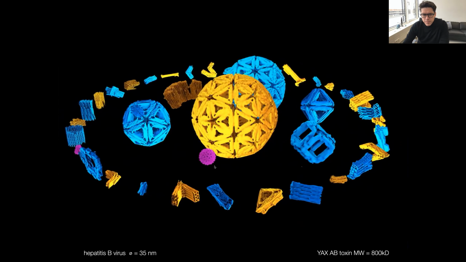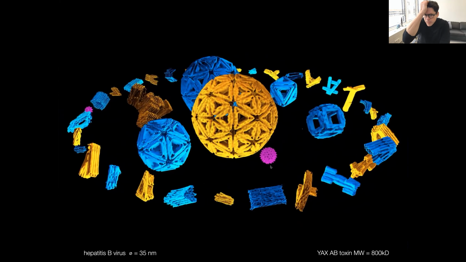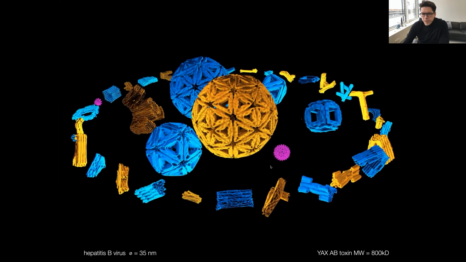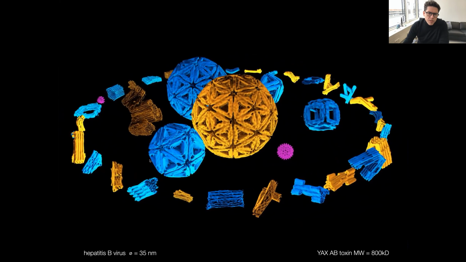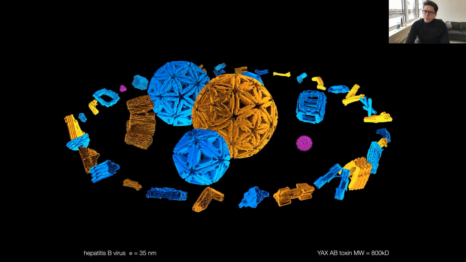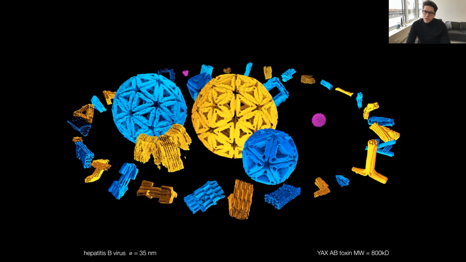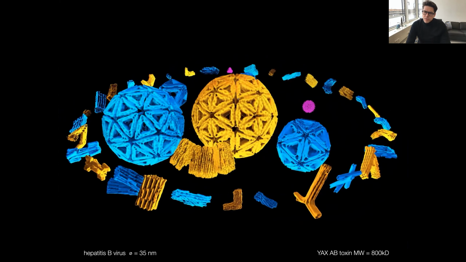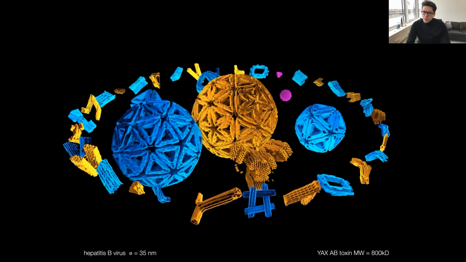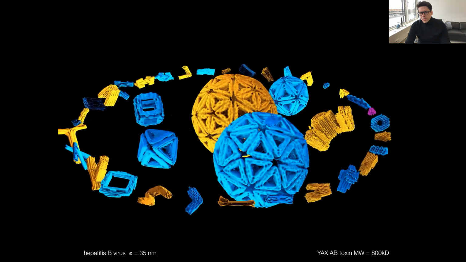This is actually a hepatitis B core capsid, and this is about 35 nanometer in diameter. It's also a cryo-EM structure. So what this little illustration shows you is that with modern day DNA nanotechnology, you can build a huge variety of shapes on a scale that is commensurate to those of natural macromolecular machines. So this is a huge opportunity.